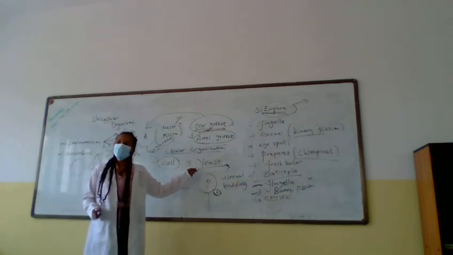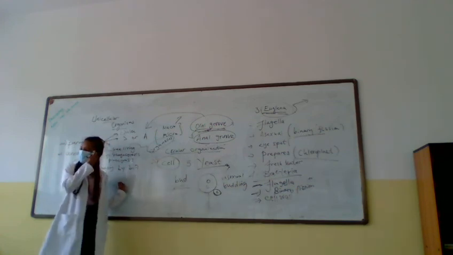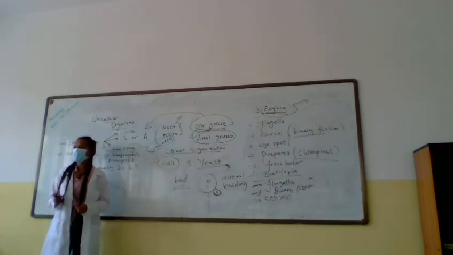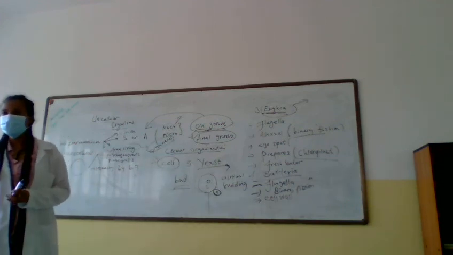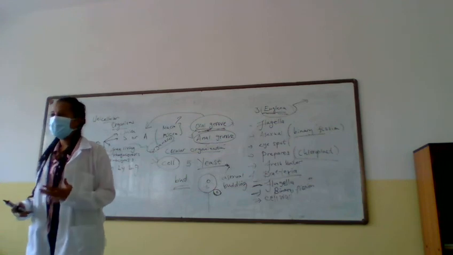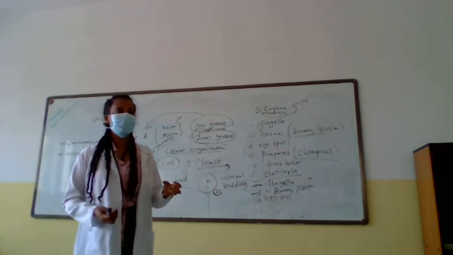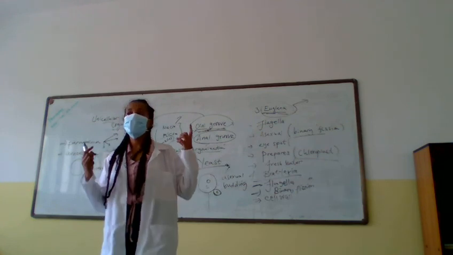So yeasts are used in the process of fermentation. Do you remember from last year, there's a formula for aerobic and anaerobic respiration. Aerobic respiration is a kind of respiration that requires oxygen.